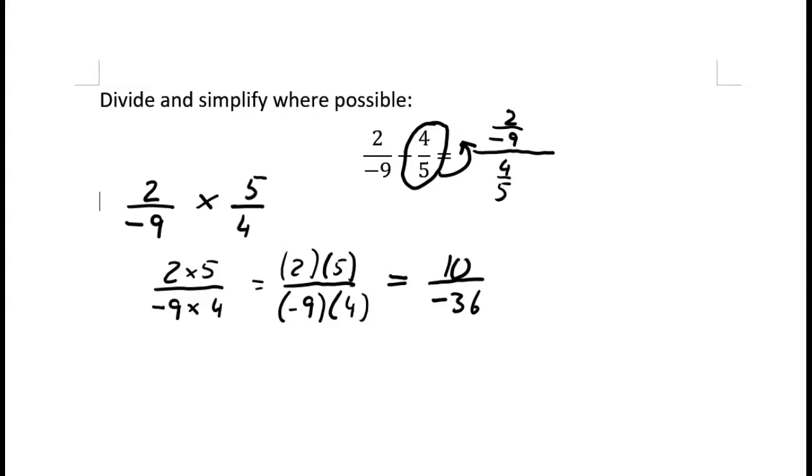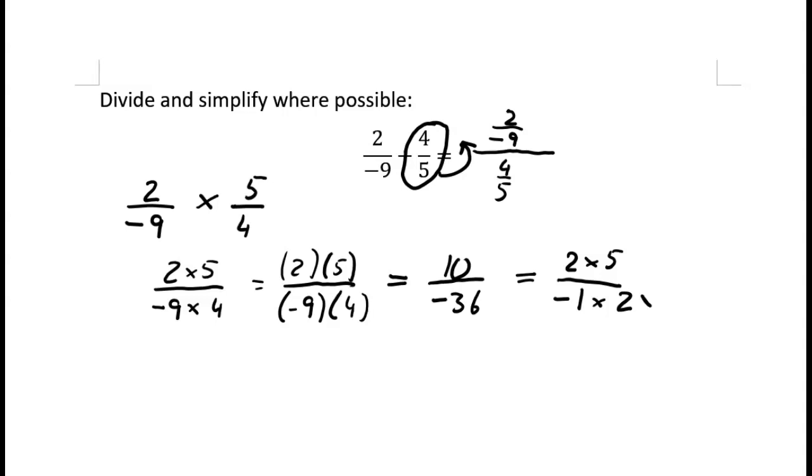But we can simplify this a little bit and we can break that down into the primes. So 10, that would be 2 times 5. And 36, that would give us -1 times, we can break it down, we can divide it by 2.